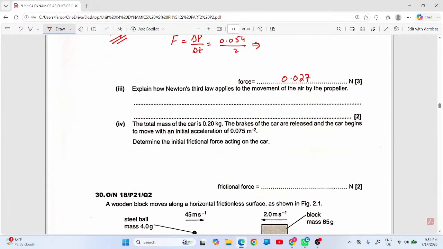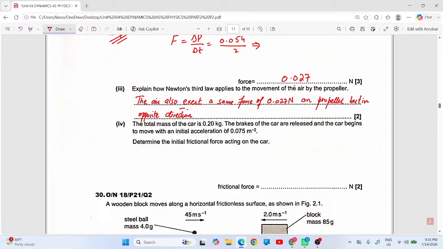The propeller exerts a force on the air, and the air also exerts the same force of 0.027 newton on the propeller but in the opposite direction.